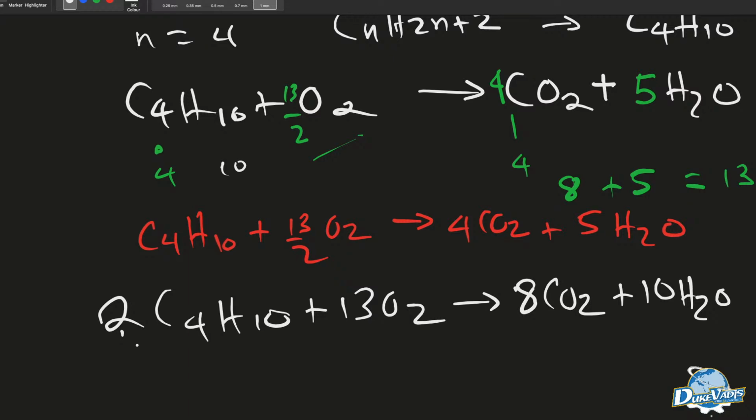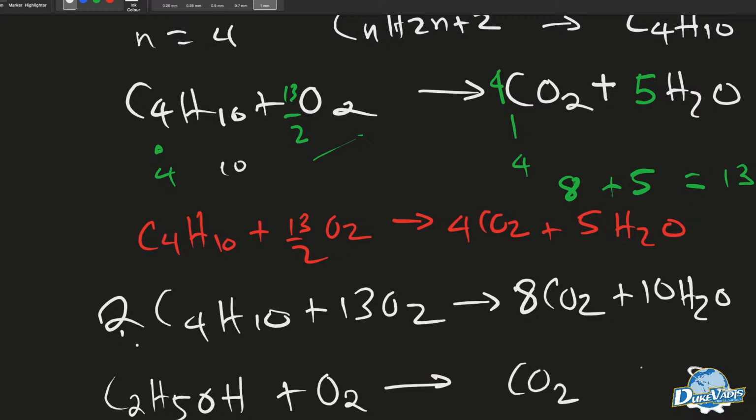So let's see what he was asking. For instance, if I have ethanol, C2H5OH, plus oxygen, an excessive amount of oxygen will also give us carbon dioxide plus water.